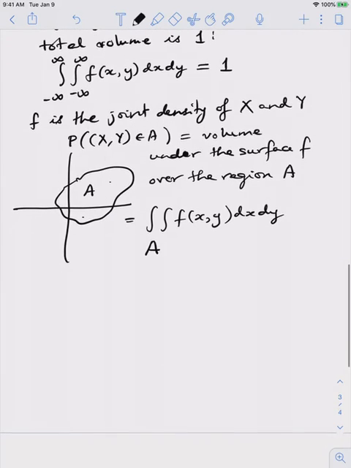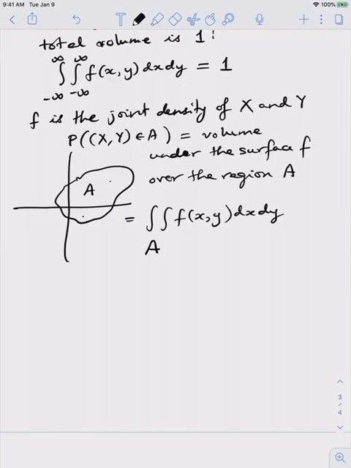There is one very interesting and useful volume that you can find without doing any calculus whatsoever. And that is when you look for the probability that x and y are the same. So if x and y have a joint density and you look at the probability that x and y are the same, well, then you better identify the region whose probability you're trying to find.